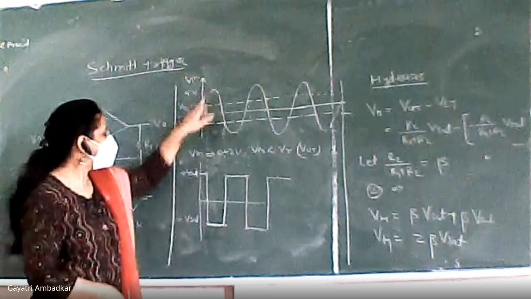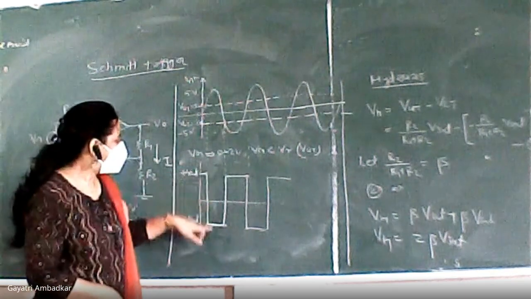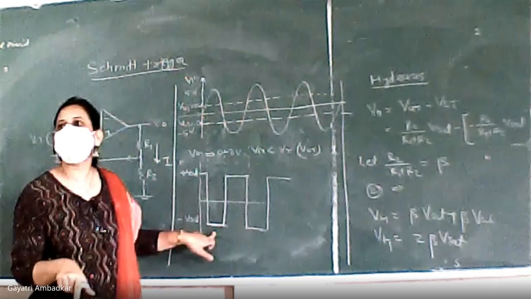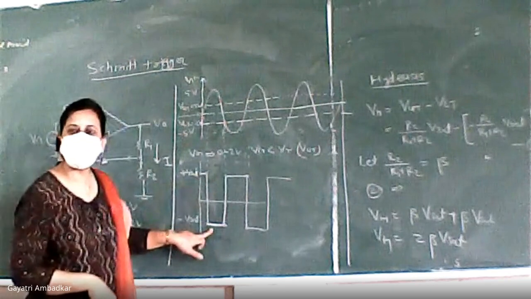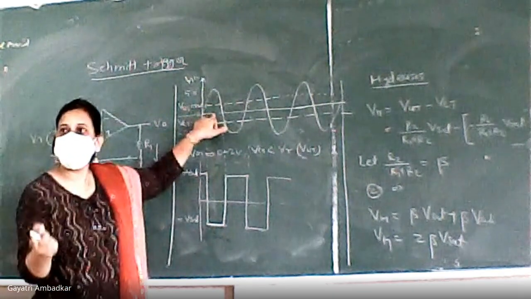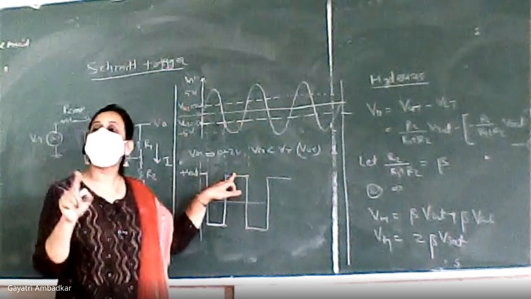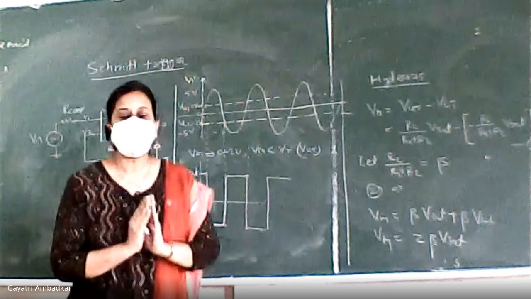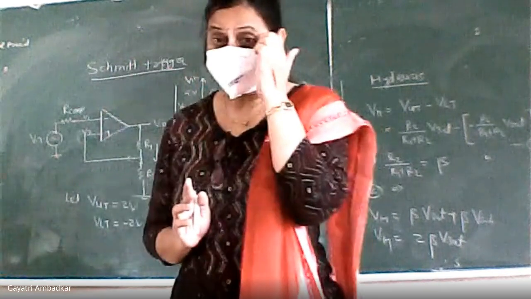When input is greater, you will get output equal to minus VSAT. When output switches, your reference voltage also switches. Therefore, after switching, compare your input signal with VLT. When you are here, compare your input signal with VUT. Okay, you have to make a practice of drawing these two waveforms.